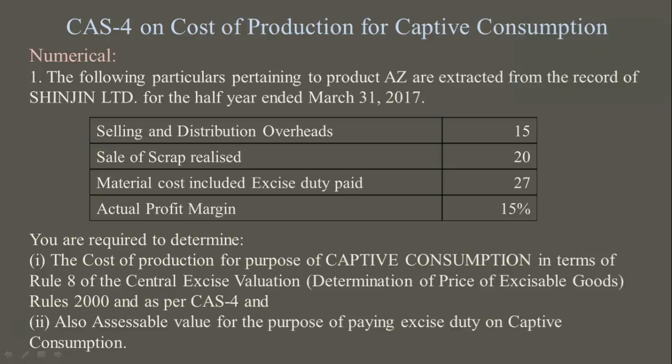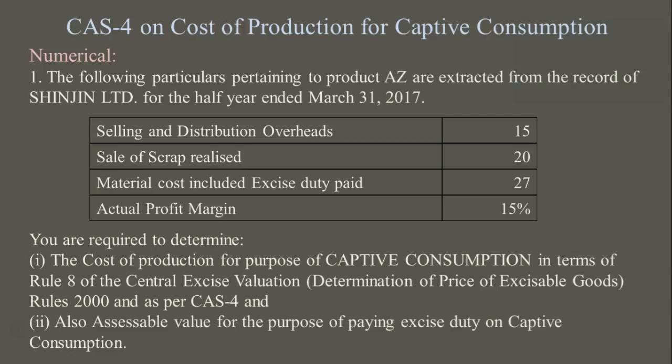So what we have to do is calculate the cost of production for the purpose of captive consumption in terms of Rule 8 of the Central Excise Valuation (Determination of Price of Excisable Goods) Rules, 2000, and as per CAS 4. And also we have to calculate the excisable value for the purpose of paying excise duty on captive consumption.